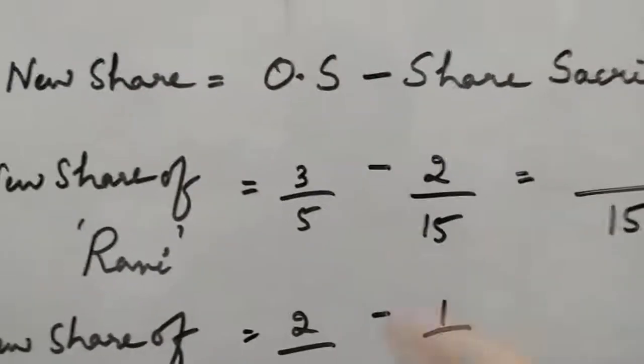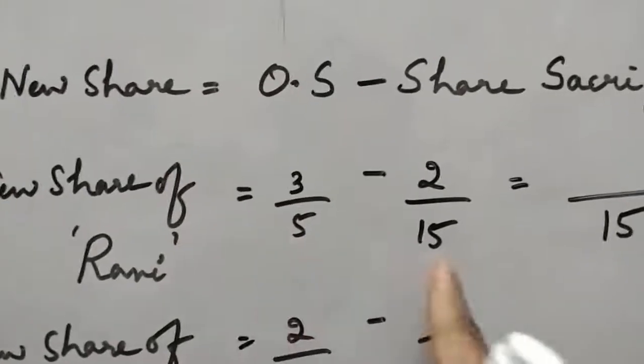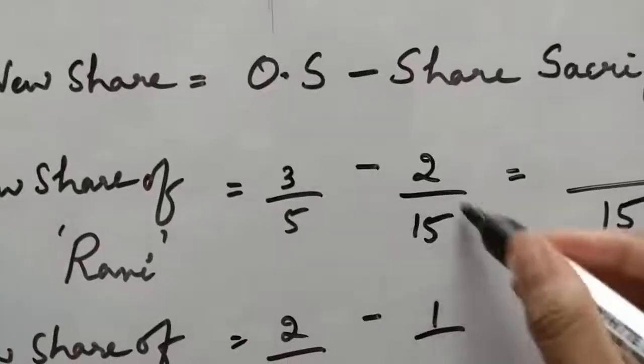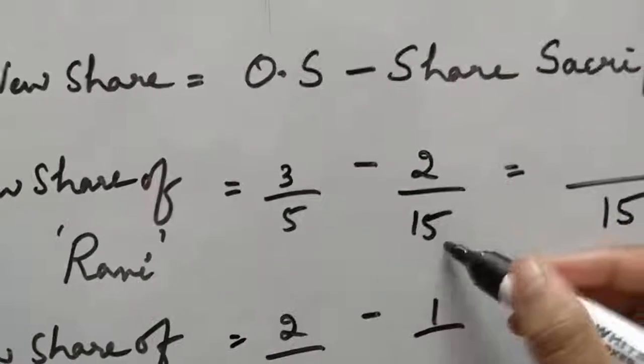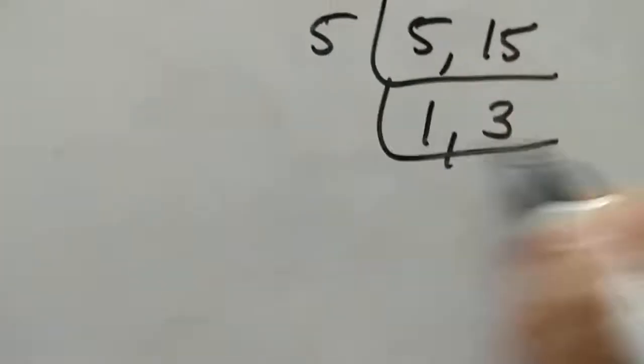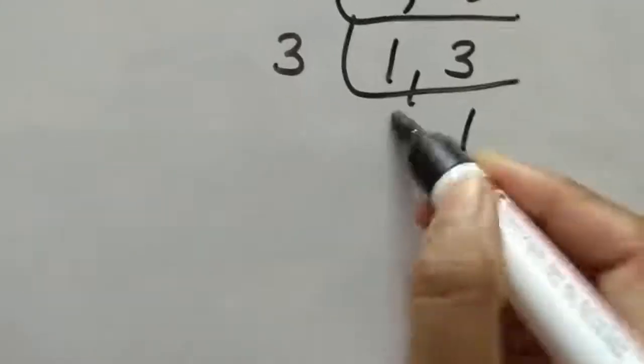Just observe, when you have values which go in the same table, the greater number or the greater value will always be the LCM. For example, let me show you. I'm going to take 5 and 15 and find the LCM. 5 ones are 5, 5 threes are 15. Now 3 is left out, 3 ones are 3.